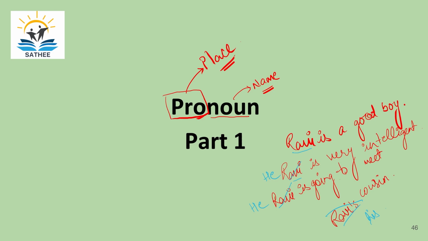Pronoun is basically used to avoid the repetition of noun. Therefore, this chapter is very important for all of us in spoken English, and it will also help you find or spot errors and improve sentences. So let's begin this part again.